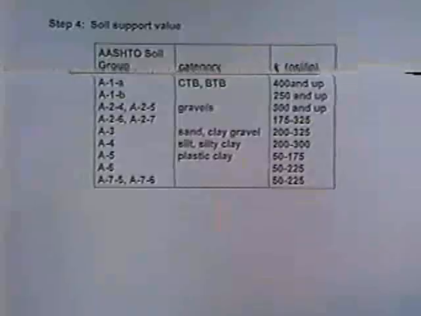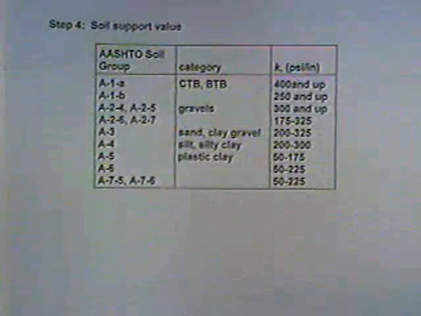The next thing we need to estimate is the soil support value. They use the letter S to denote the soil support value, and it's really trying to take into account the quality of the subgrade, or the underlying surface that the roadway is going to be built on. There are different soil groupings that AASHTO has defined.